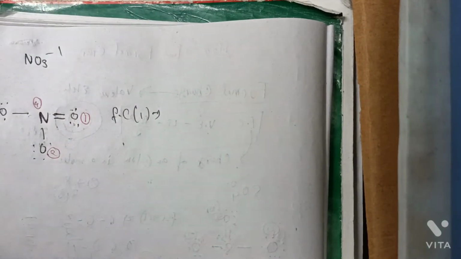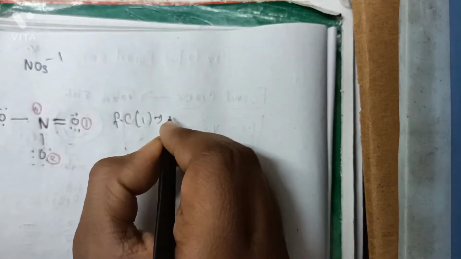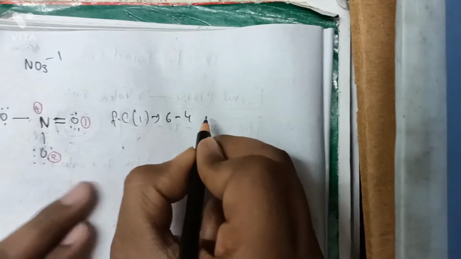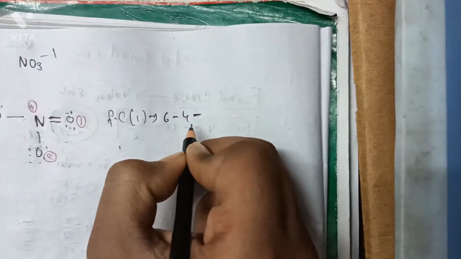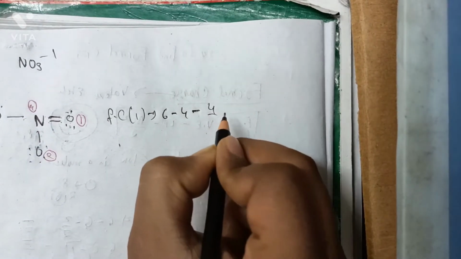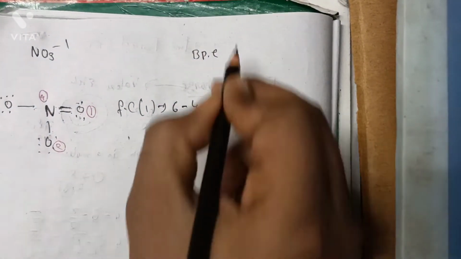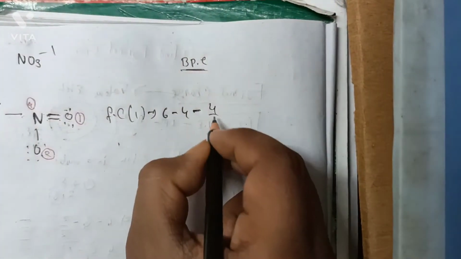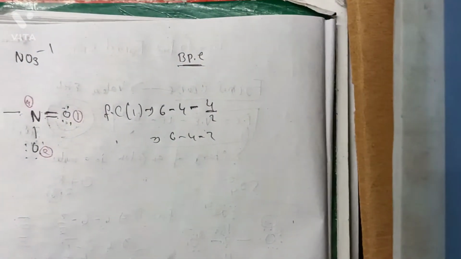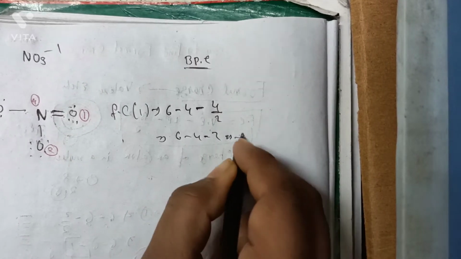For finding the formal charge on number 1 atom, oxygen has valence electron 6, minus lone pair 4, minus bond pair, 1, 2, 3 and 4 bond pair electrons, 4 by 2. 6 minus 4 minus 2 equals 6 minus 6, which equals 0.